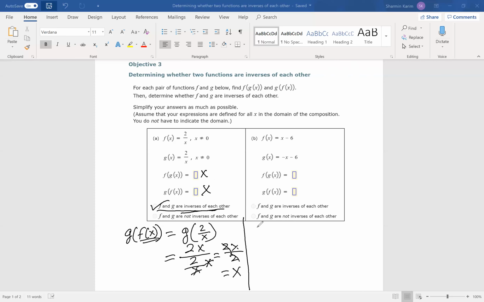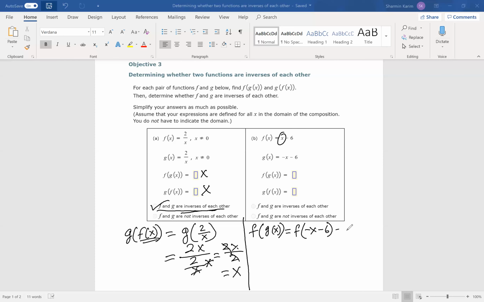Now let's look at b. So f of x is x minus 6 and g of x is negative x minus 6. So if we do f of g of x, we will substitute g of x for negative x minus 6. And then x will be substituted for negative x minus 6.